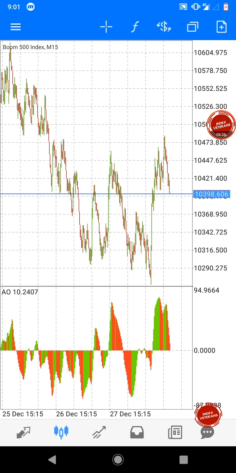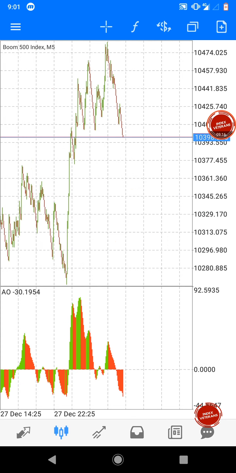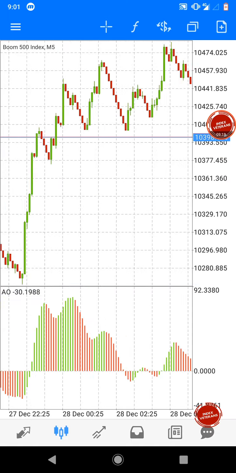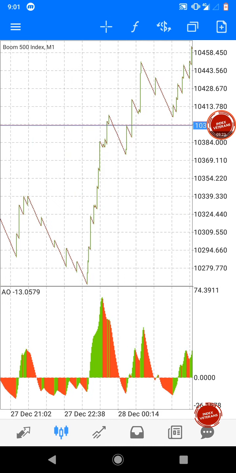So I need to stick to those, and I scalp, so I need to stick to those minor uptrends, especially sharp uptrends, because usually I can go to a lot of profit with just one entry, depending on the lot size I'm using. So guys, let's see, it was a sharp uptrend.